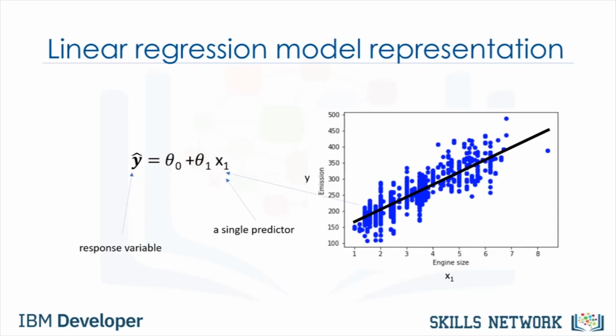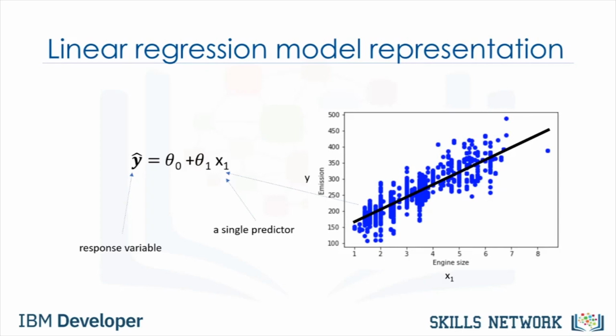Theta 0 and theta 1 are also called the coefficients of the linear equation. You can interpret this equation as y hat being a function of x1, or y hat being dependent on x1. Now the questions are, how would you draw a line through the points, and how do you determine which line fits best? Linear regression estimates the coefficients of the line.